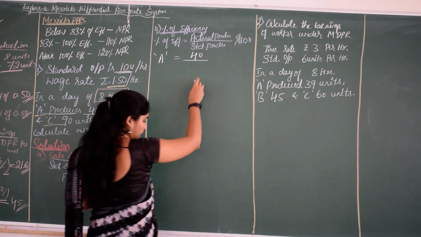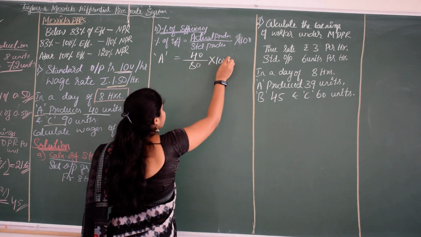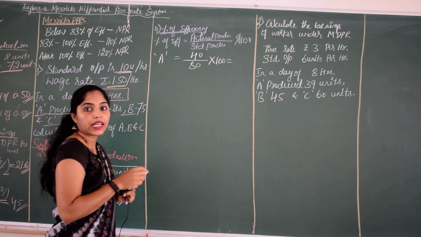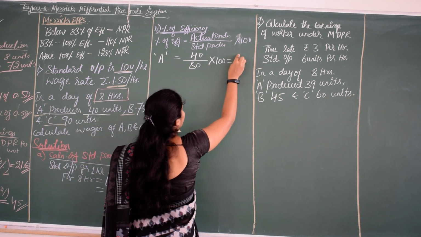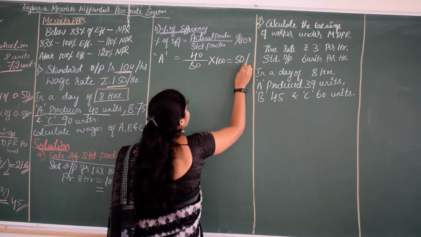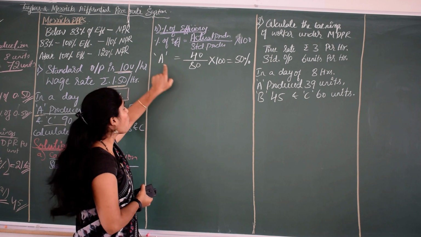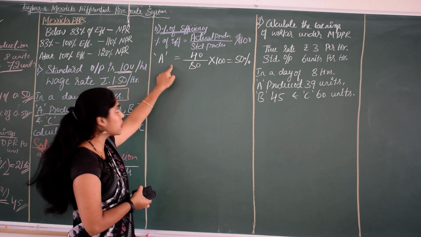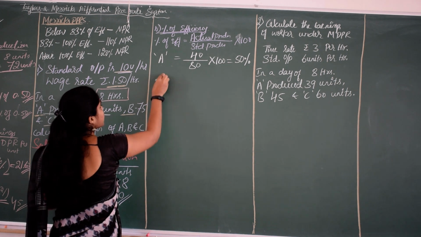So 40 divided by 80 into 100, we get 50%. So 50% is the efficiency of Mr. A. Similarly, calculate B's efficiency also.